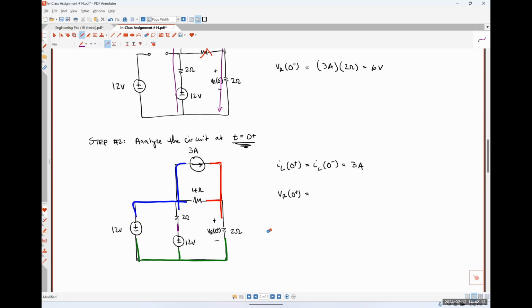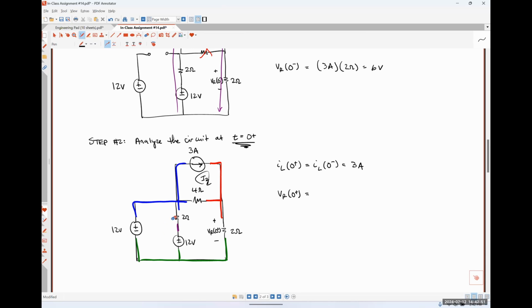If we did mesh analysis here, we would have a mesh current I1, a mesh current I2 that would be exactly 3 amps, and a mesh current I3. So we would effectively have a 2 equation, 2 unknown system, solve that, and then whatever I3 is times 2 ohms gives us the voltage that we're looking for. There is nothing remotely wrong with that. I want to be really, really clear, okay?